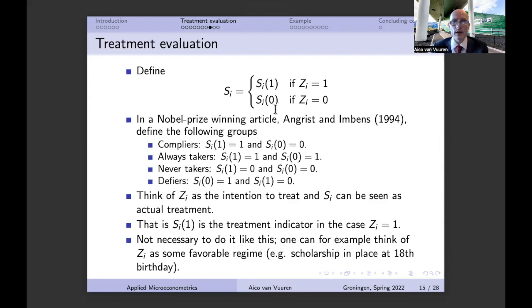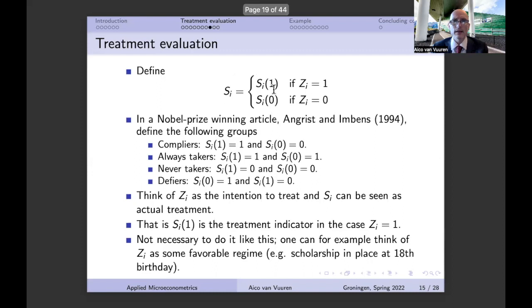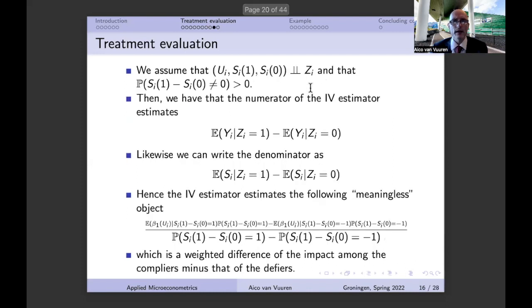S_i1 and S_i0 are here assumed to be independent from Z. Well, that is only S_i1 and S_i0 themselves, of course. S_i itself does depend on Z because of the relationship that we have over here. But apart from that, we also need independence between the U and the Z that we have over there.